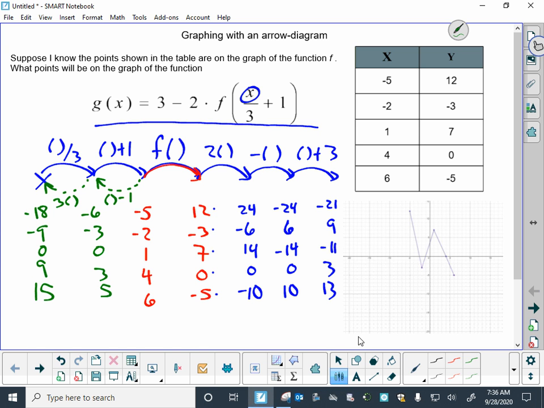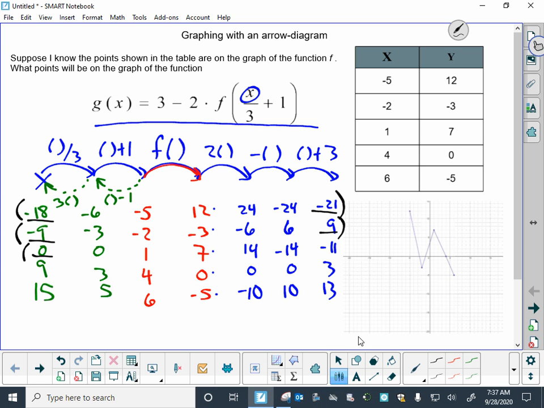And what I get then is a new list of points. The point -18, -21 will be on the graph of g. The point -9, 9 will be on the graph of g.